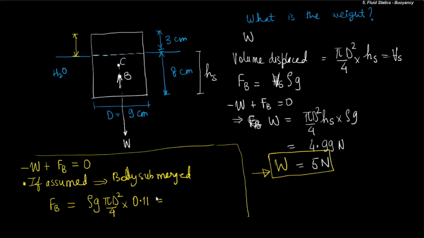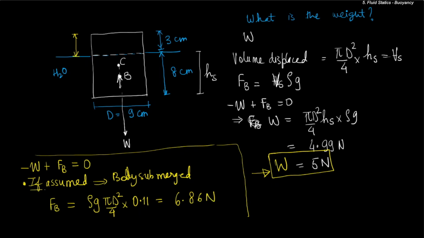So 0.09 square times 0.11 times density times 9.81, and it comes out to be equal to 6.86 Newton.